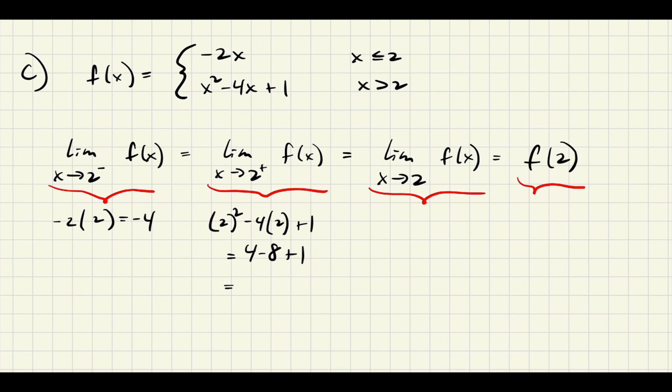So you get negative 4, negative 3. Because those two guys are not the same, they're very, very close, but they're not the same, we say D and E.